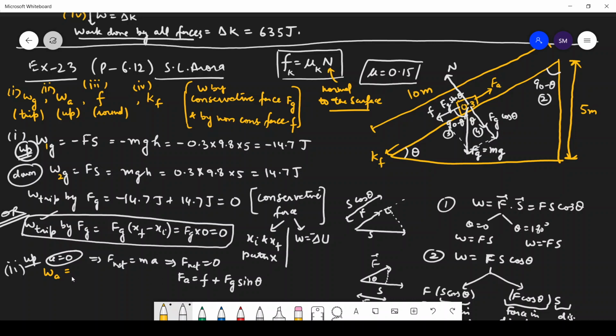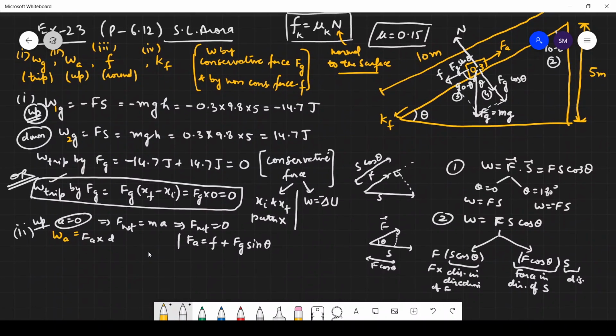So put this value, you will get the force, and now the work done will be this force Fa into the displacement, and displacement is 10 meters. There is no problem with the displacement. Okay.